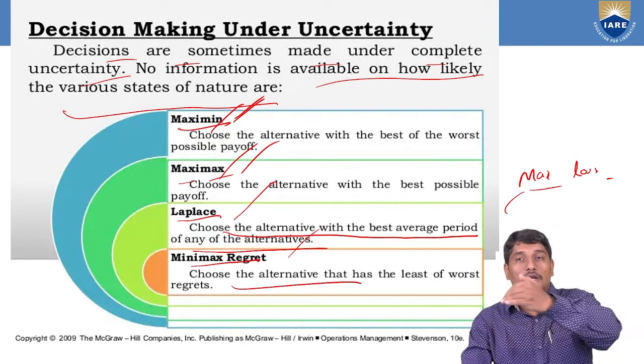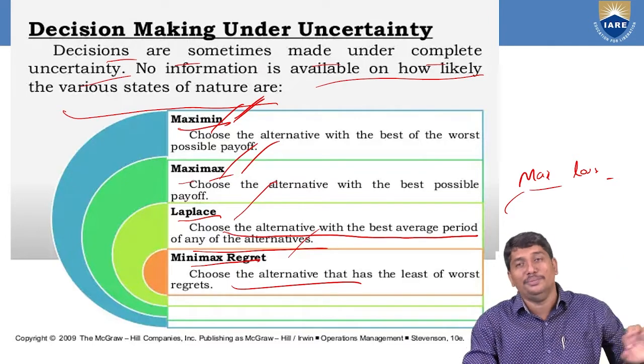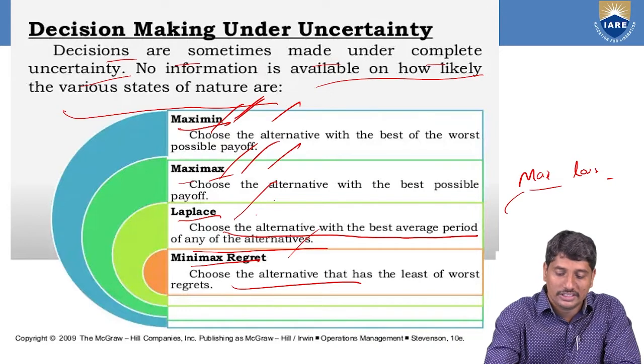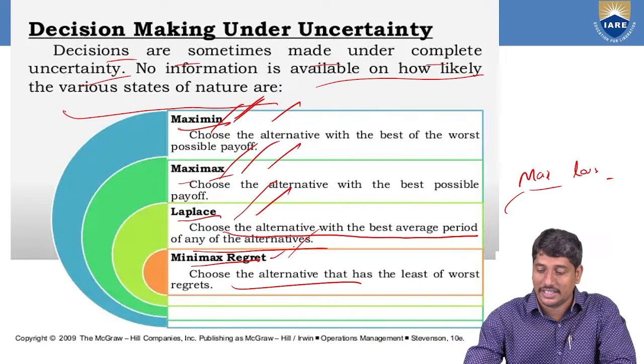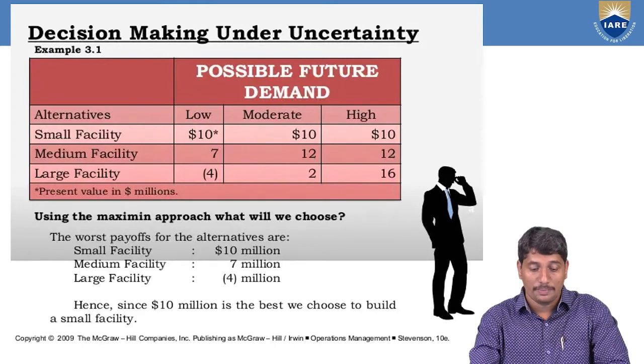That means among the maximum losses, you select the least one, and accordingly you make the decision. So there are four criteria: maximin, maximax, Laplace, and minimax regret. First let us look into decision making using maximin.